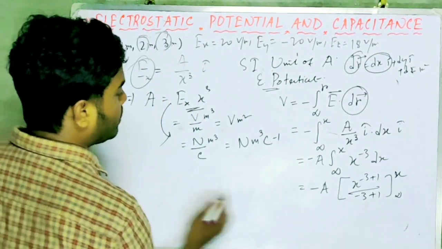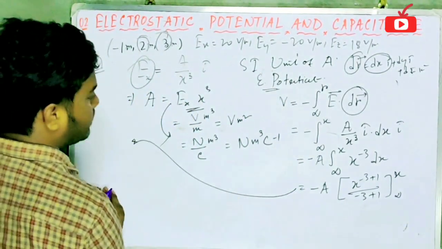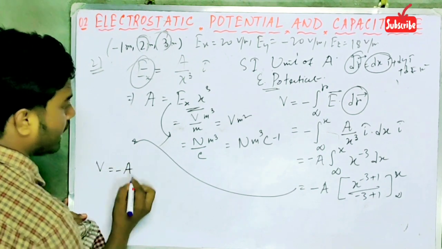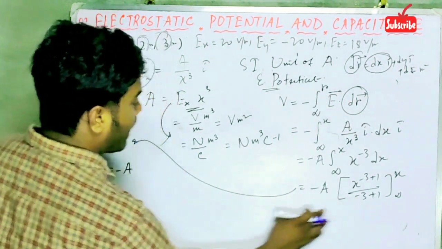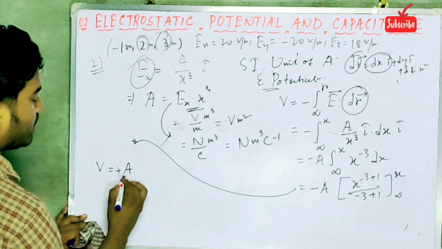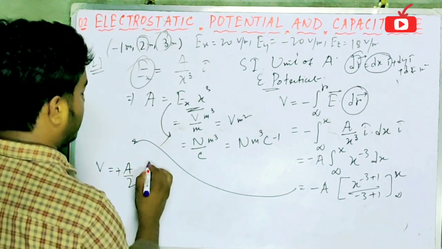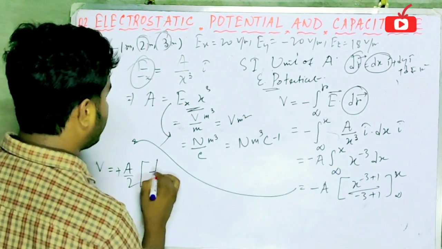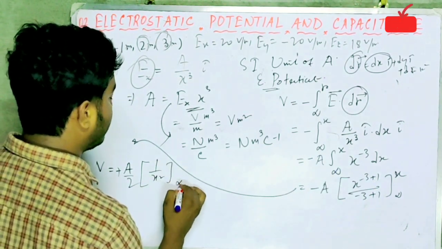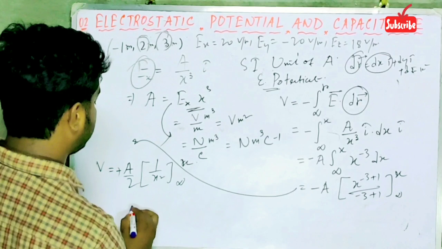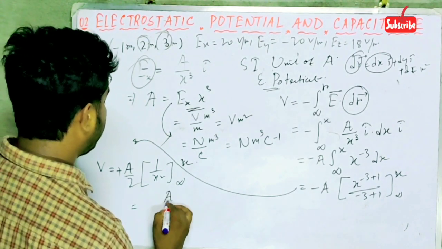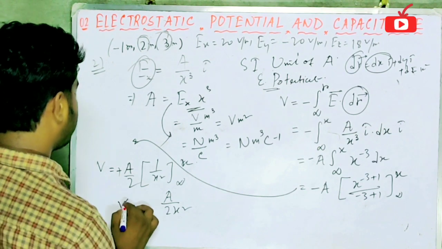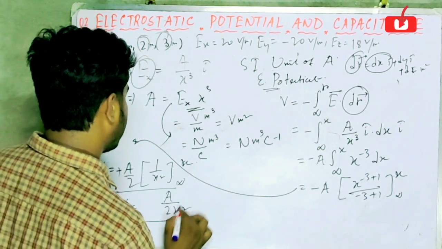Putting the limit, V equals minus A, minus 3 plus 1 is minus 2, minus minus cancel out, that is A by 2, and x to the power minus 3 plus 1 is x to the power minus 2, so this one will be x square, infinity to x. The expression will be A by 2x square. Clear? So this is the expression of electric potential here.